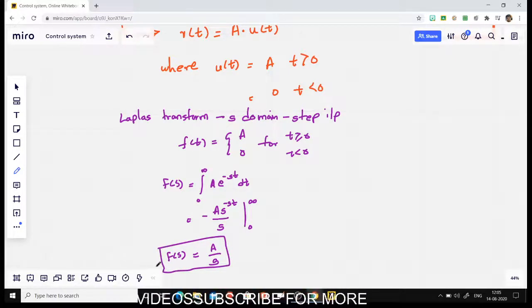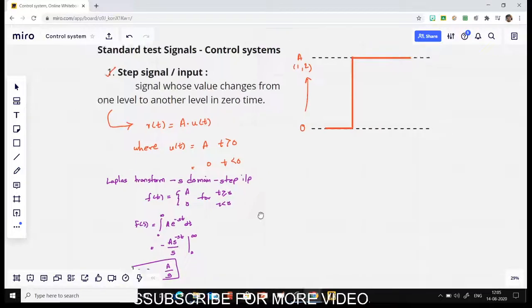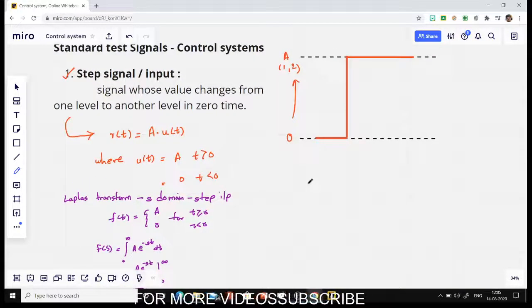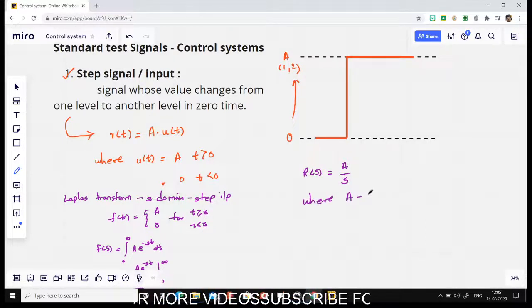So what we are trying to understand here is, if your system is given a step signal or step input, you can easily replace R of s with A by s, where A is the amplitude. A can be anything, 1, 2, 3, 10, 100, anything.